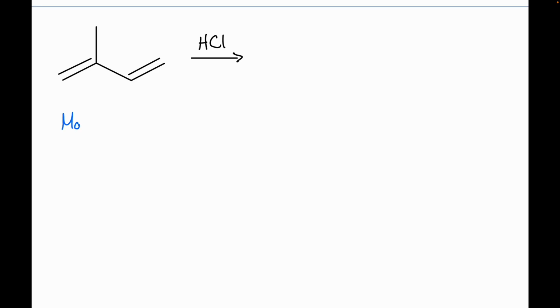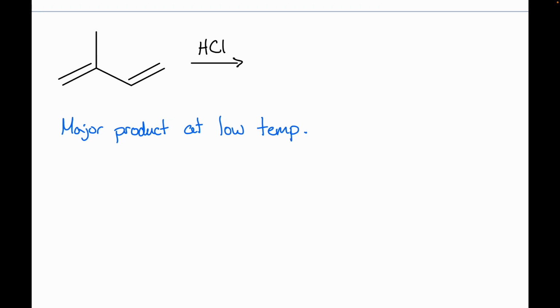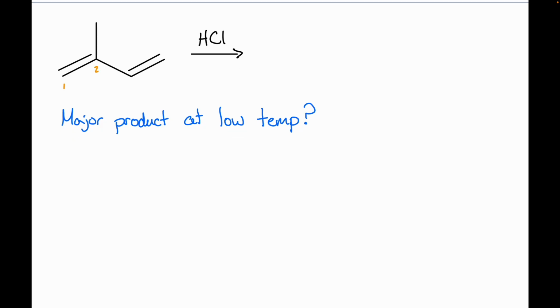Right, so first thing I could ask you, what is the major product at low temperatures? All right. Because we have an asymmetric diene here, we know it's going to be one or both of our 1,2 adducts.